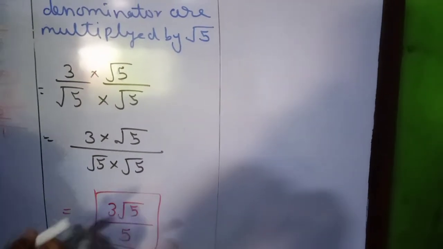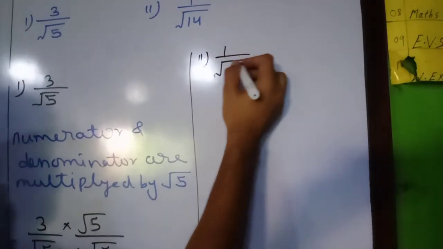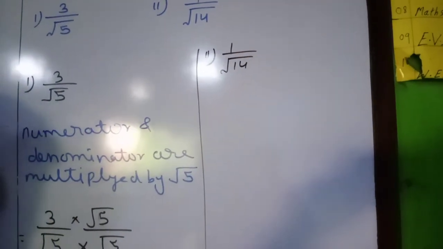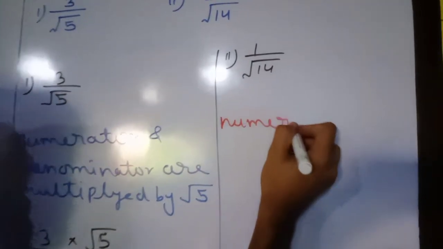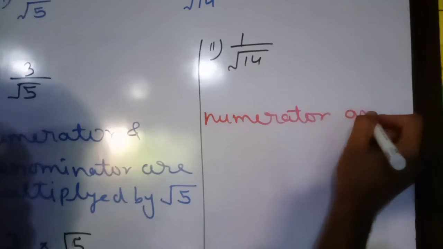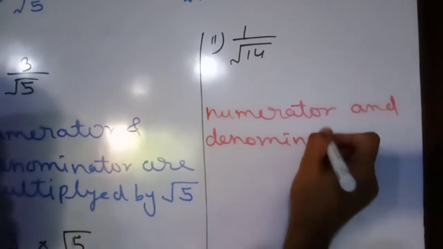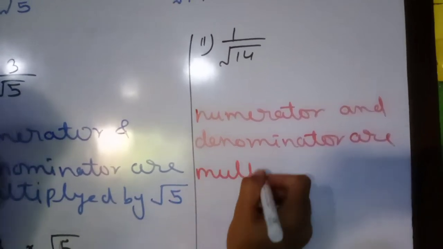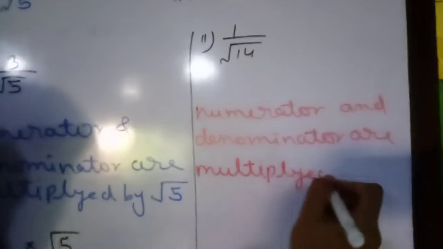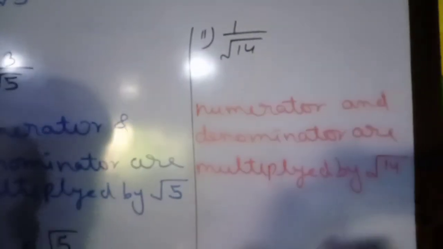See the next one. Second, 1 upon root 14. Same way we are going to write numerator and denominator are multiplied by what we have, root 14.